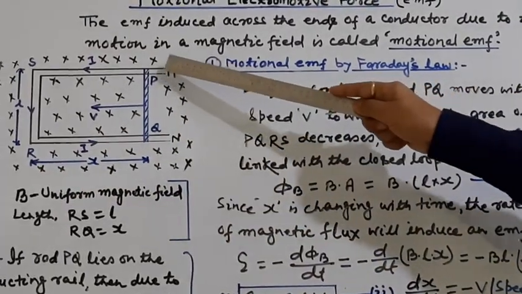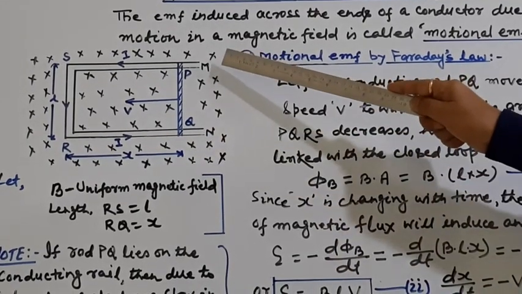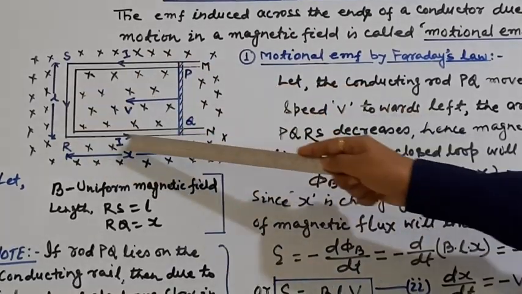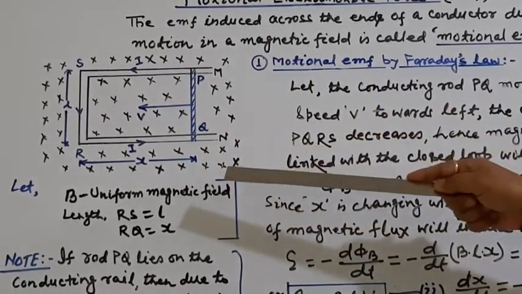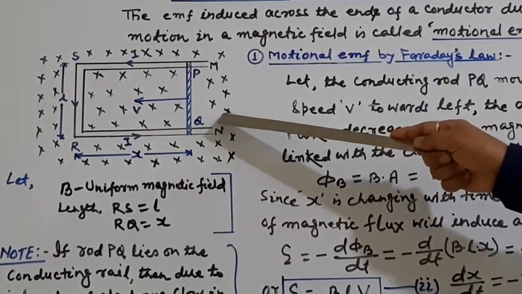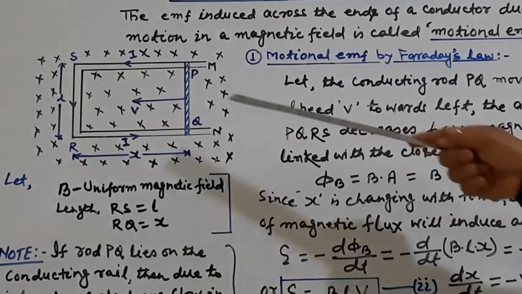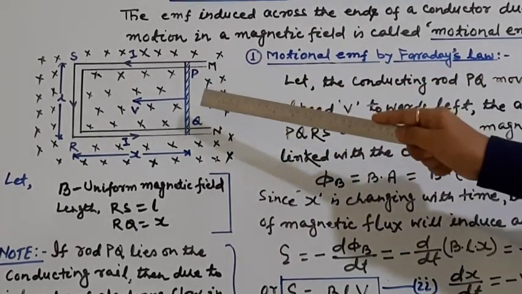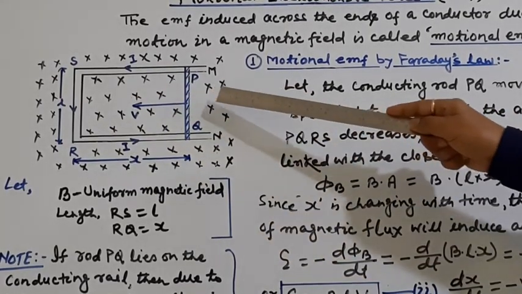Here there is a conducting rod PQ which is placed on a U-shaped conducting rail MN, and the system is placed in a time varying uniform magnetic field B, which is perpendicular to this system. When this rod PQ is allowed to move on this conducting rail, what will happen?